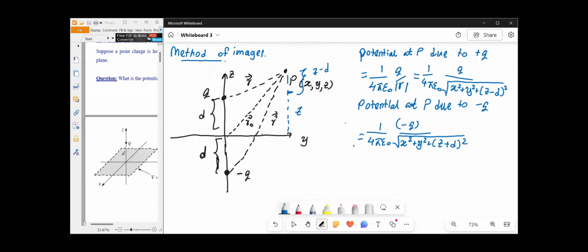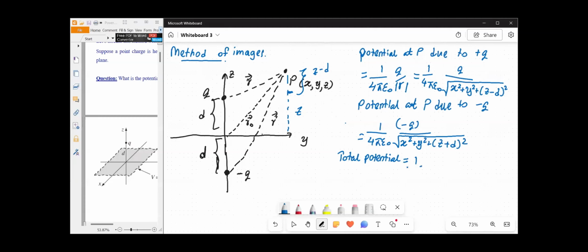Okay. Then what is the total potential due to both of these charges? It is equal to the summation of these two values.